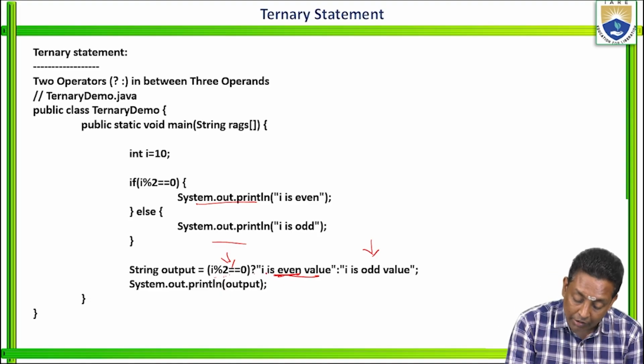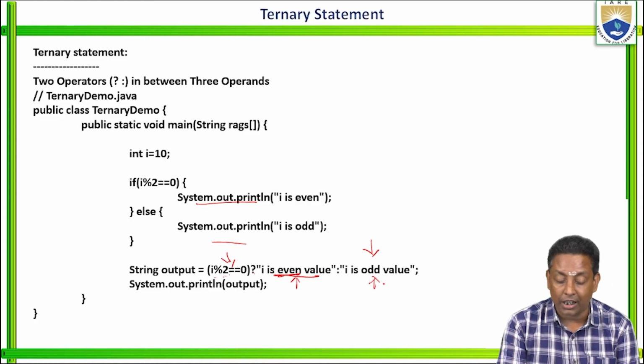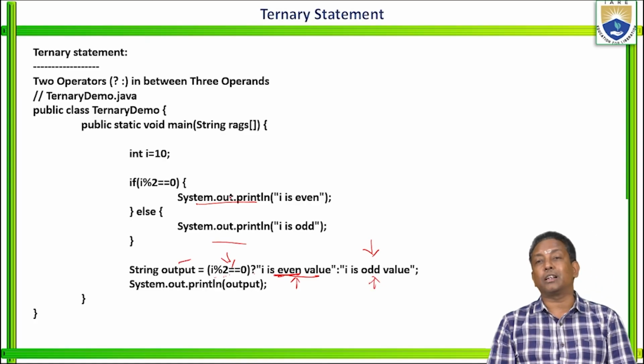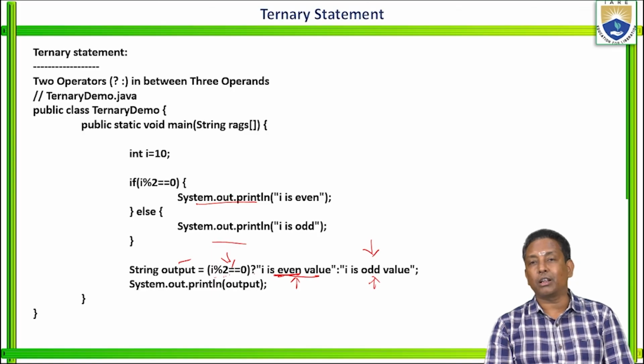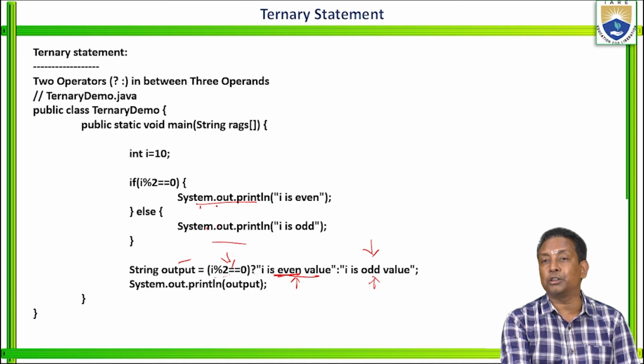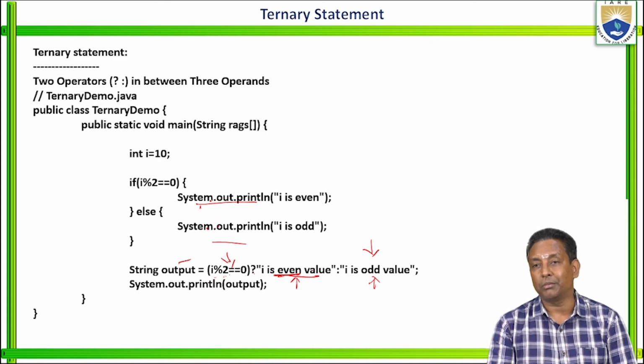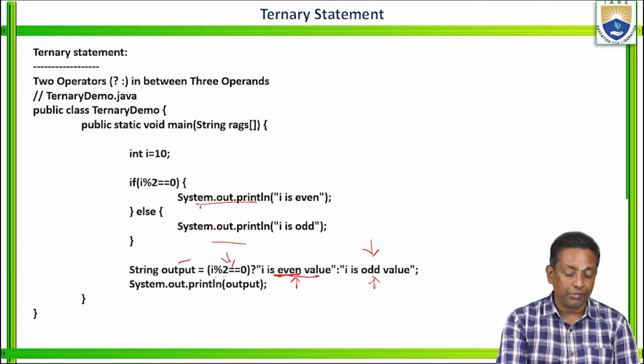So the left hand side and right hand side must be returned values, not something like System.out.print, calling some method or other logic. These are the two limitations of the ternary operator: only one line, and that line must be a returned value.